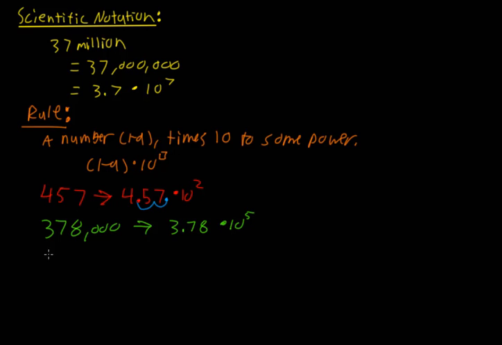As another example, let's say I had 0.0458, and I wanted to put that in scientific notation. Again, we just want some number 1 through 9, so here it's going to be 4.58. And then we need to figure out what power of 10 it's going to be.